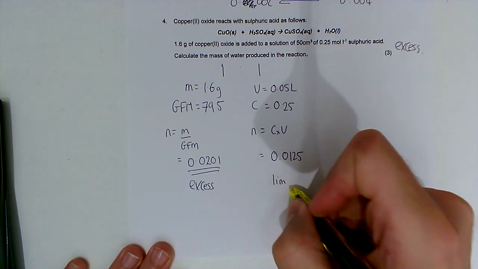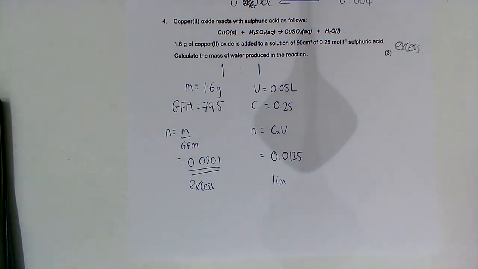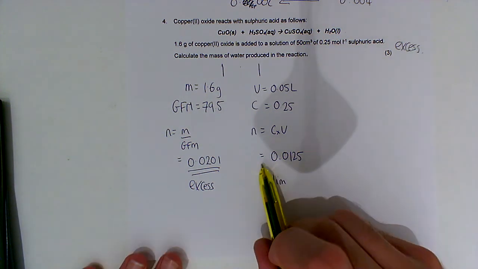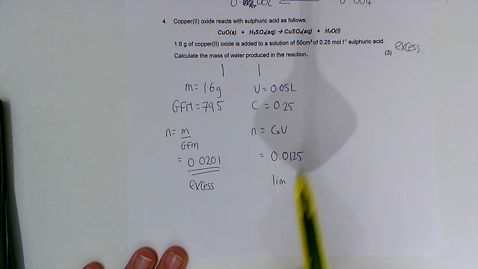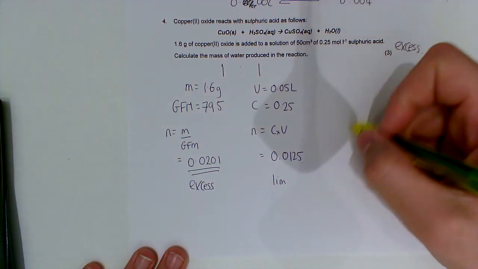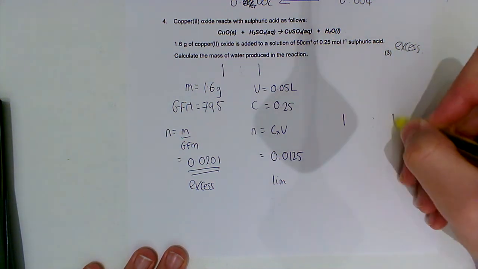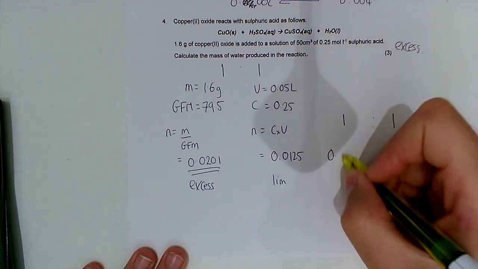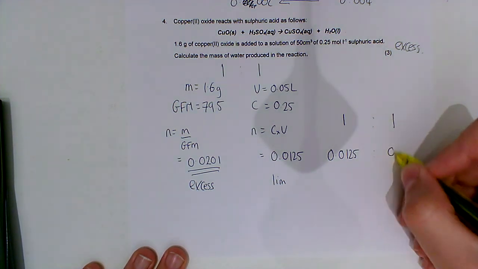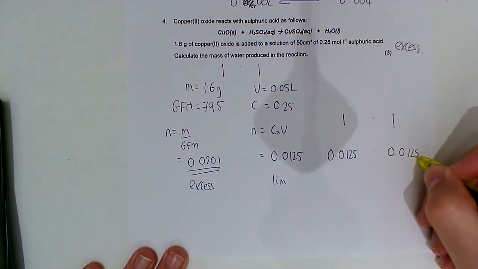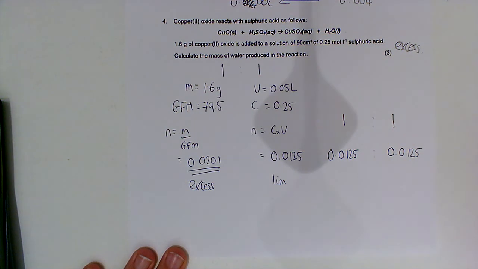This makes this one my limiting reagent, and I always use my limiting reagent to predict my product. So now I need to look at water. This is my sulfuric acid, the limiting reagent, and the ratio is 1 to 1. So if I have 0.0125 here, I'm going to produce 0.0125 moles of water.